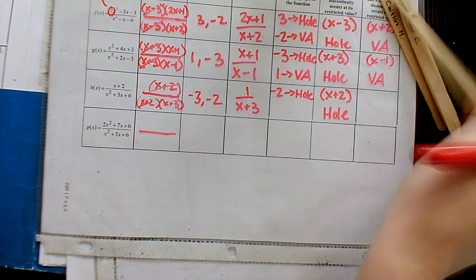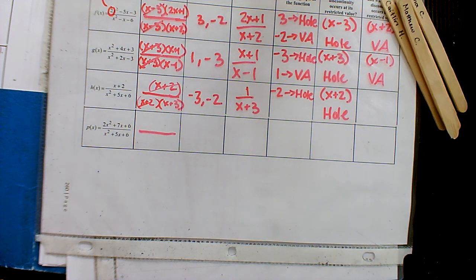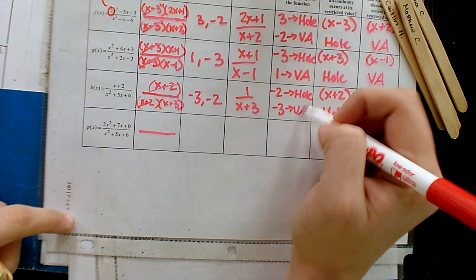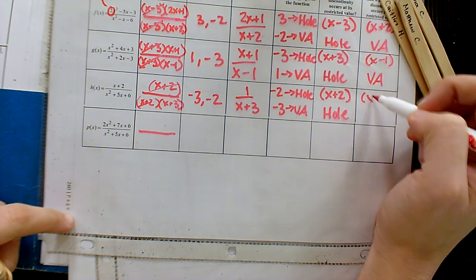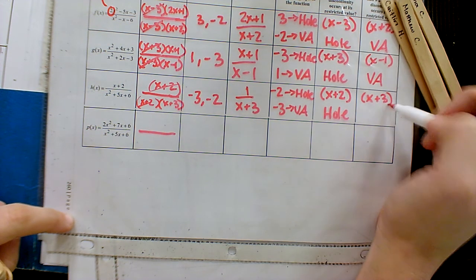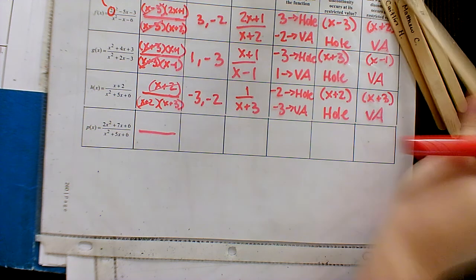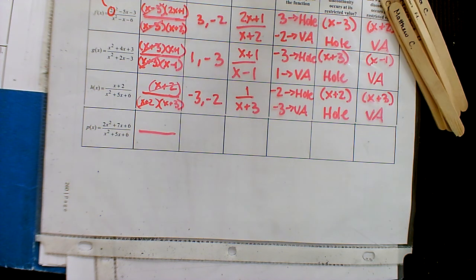All right, and Alicia, can you find a different characteristic? All right, because the factor x plus 3 is left in the bottom. It did not cancel. How did we do with that one? Good?